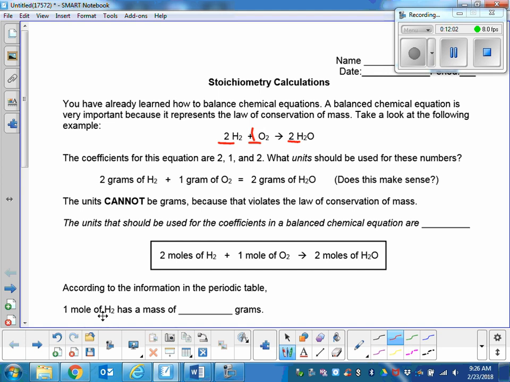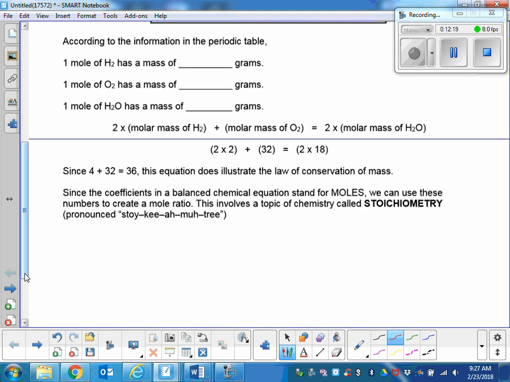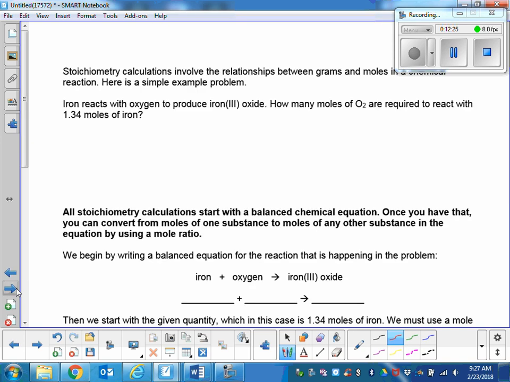Does it make any sense? No. 3 grams is not equal to 2 grams. It disobeys the law of conservation of mass. Yes or no? So, it is very important that we convert them into what first? Into moles. Alright? So, this idea of being able to calculate via moles is what is called stoichiometry.